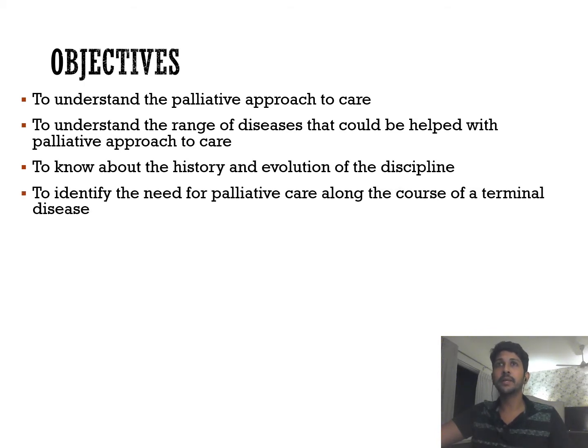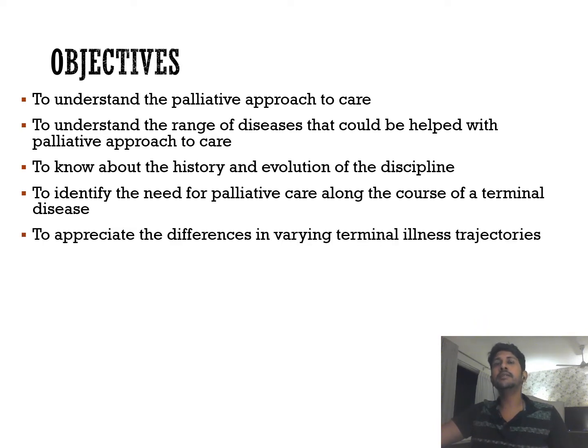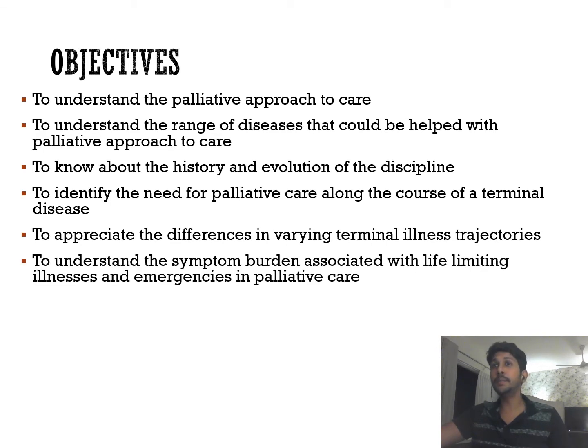Then we will identify the need for palliative care along the course of different terminal illnesses. We will come to this soon. Then we will appreciate the differences in varying terminal illness trajectories. Then we will understand the symptom burden associated with different life-limiting illnesses, including the emergencies in palliative care that we have to face.